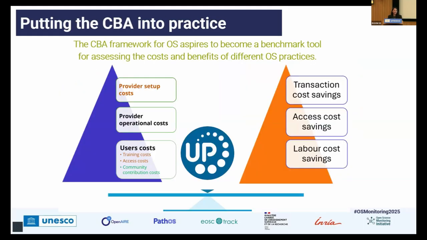So we tested this methodology on 2 different open science resources. I mentioned it before, UniProt, and we found the typical costs and benefits here. And what we found was that the main benefit of UniProt is basically saving labor costs. So users save a lot of time in doing their research thanks to the fact that they access integrated information.